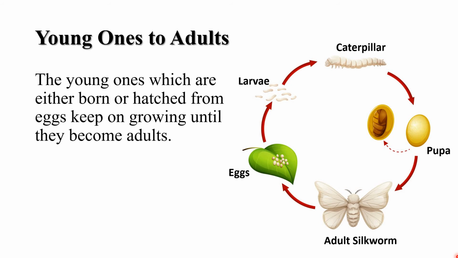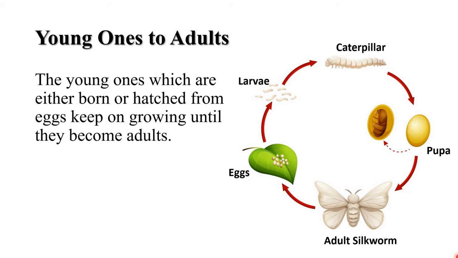And students, now let us understand how the young one develops into an adult. The young ones which are either born or hatched from eggs keep on growing until they become adults. You might have seen many animal young ones growing, and different organisms grow in different ways. In some organisms, the young ones look different from the adults.